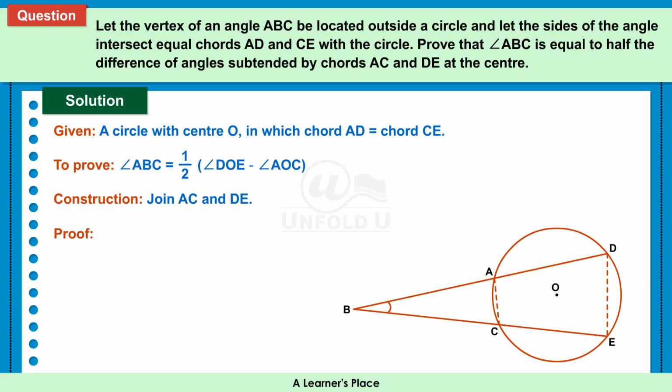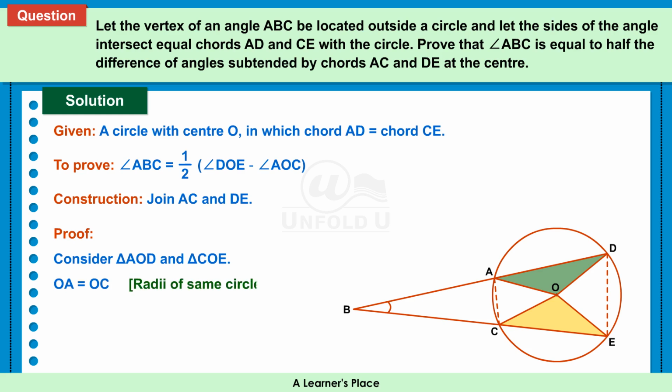Proof. Consider triangle AOD and triangle COE. OA is equal to OC. OD is equal to OE. AD is equal to CE.